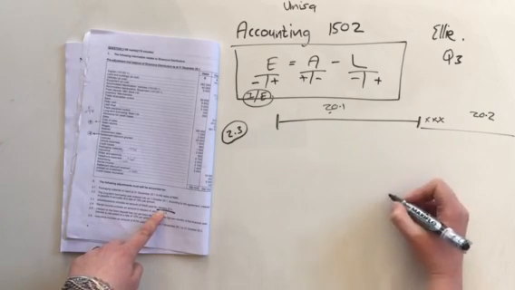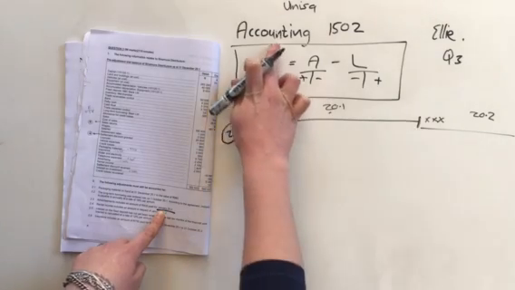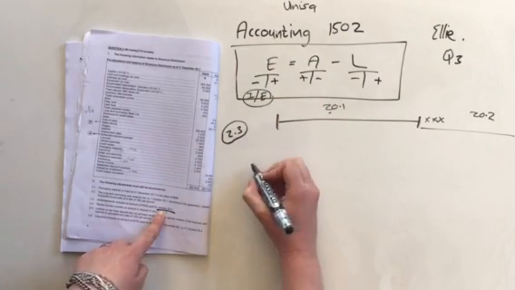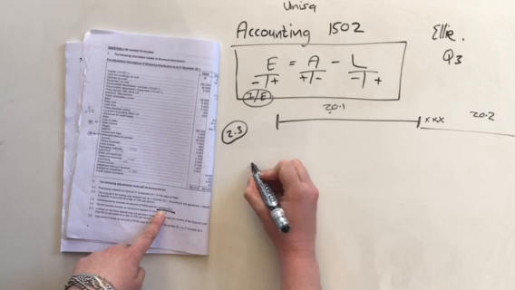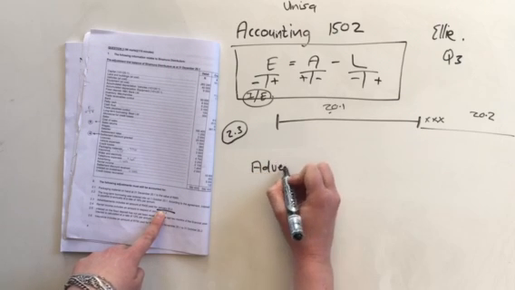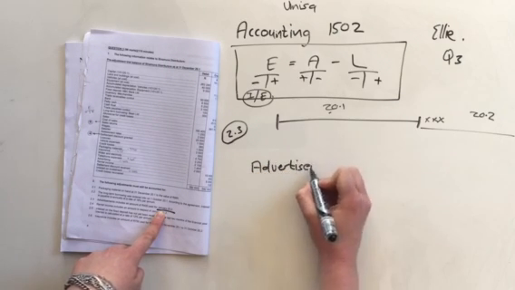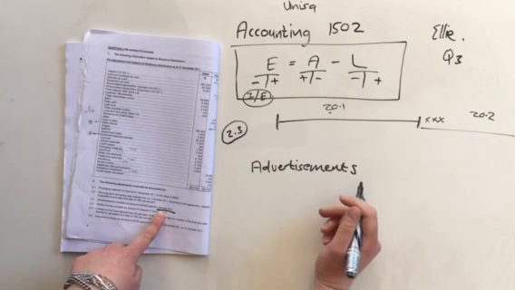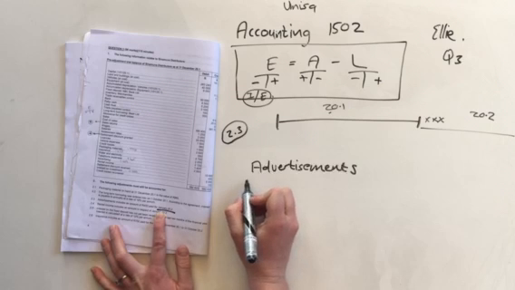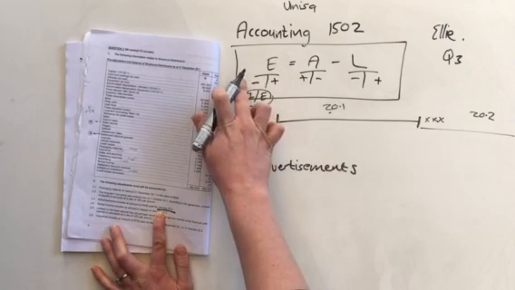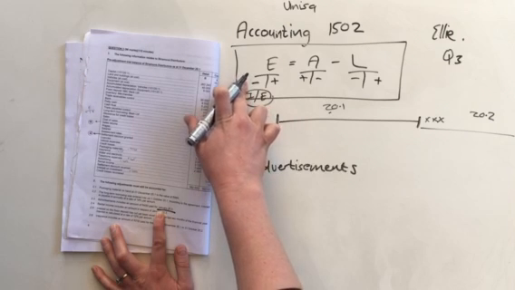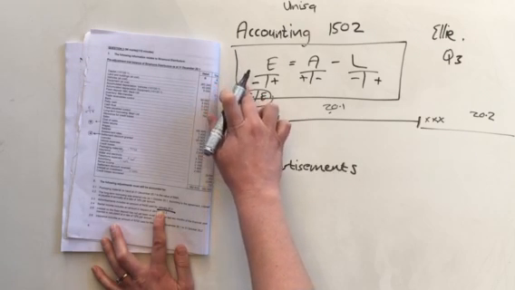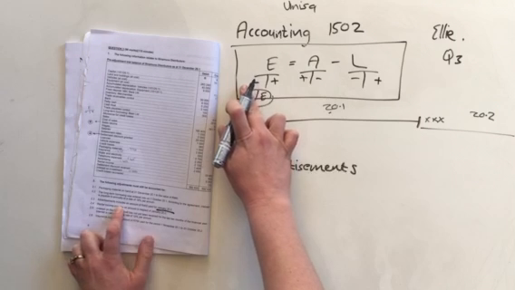Prepaid expense. So first up is the expenses of this year, which was advertisements. Okay, advertisements is an expense, so it will make equity go down on the debit side. But we've already put it in there because it includes an amount of 400.